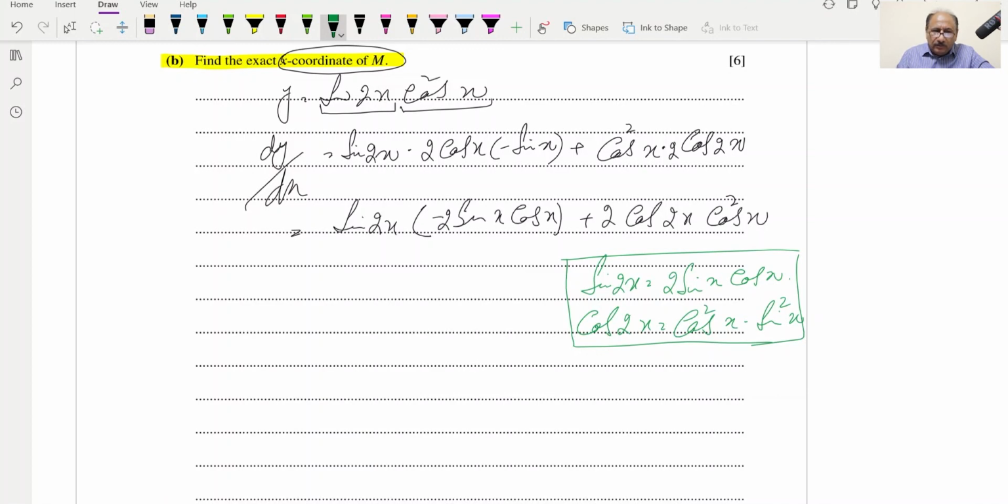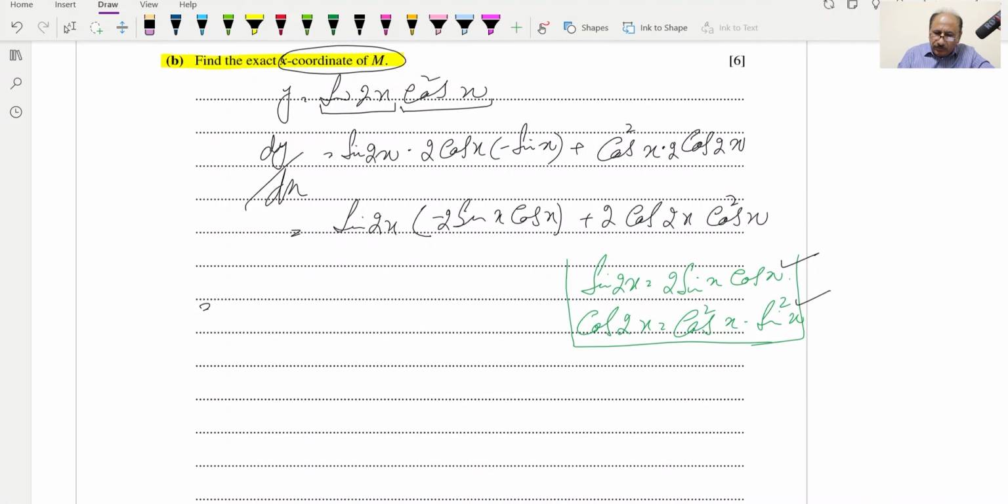Now we can rewrite this one. We will replace sine 2x by this one and cos 2x by this one.